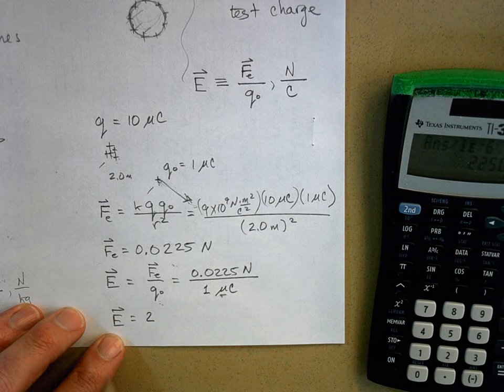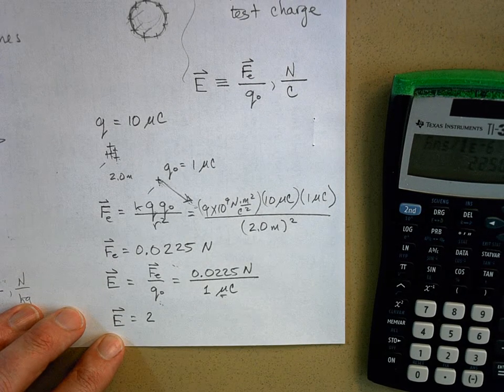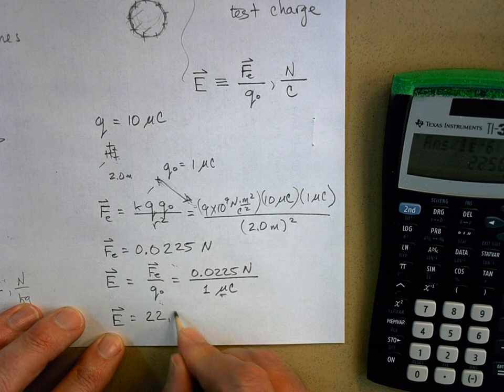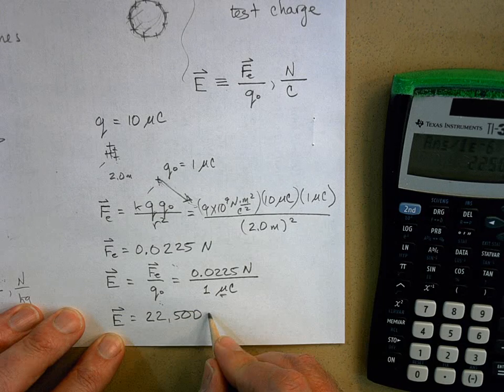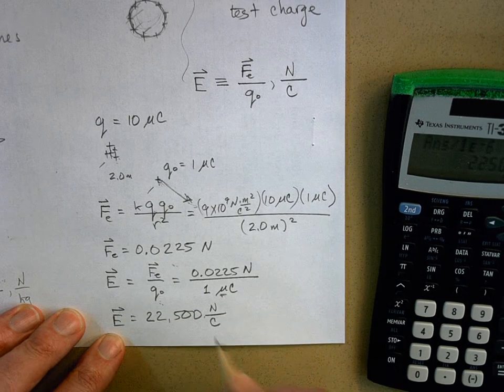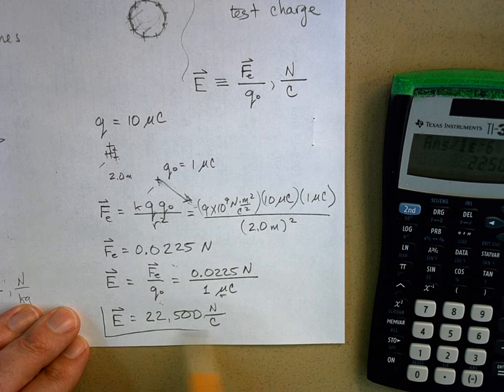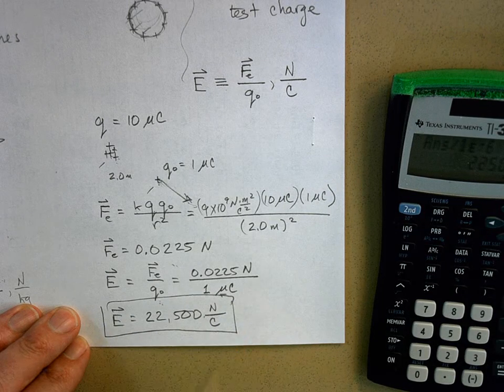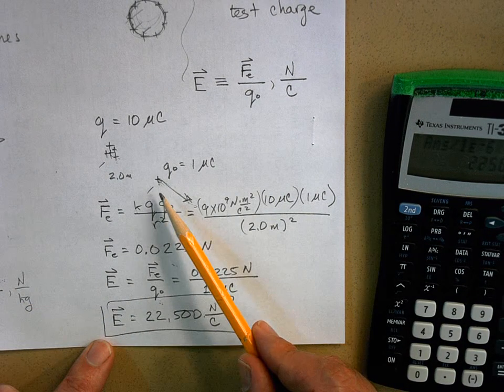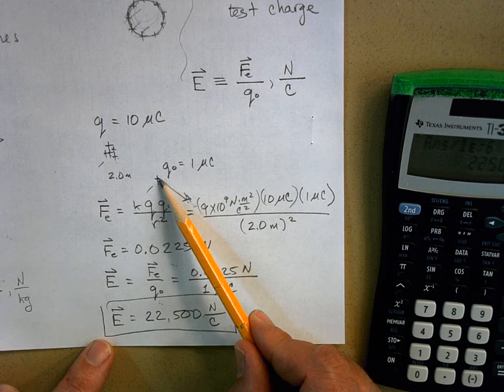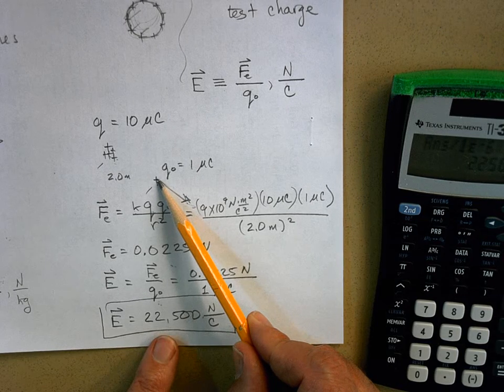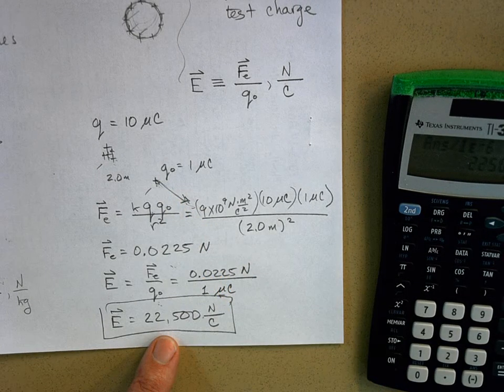This is 22,500 newtons per coulomb. So it's actually a really strong field. In other words, if I put a coulomb of charge right here, I would feel 22,500 newtons of force.